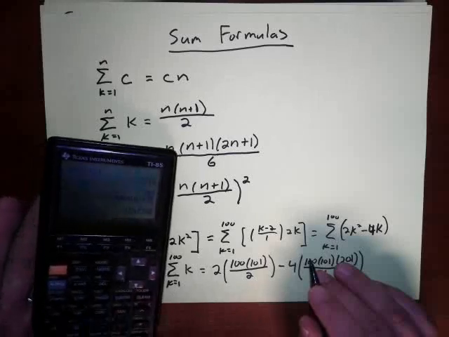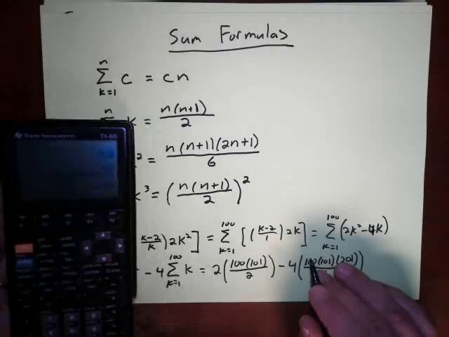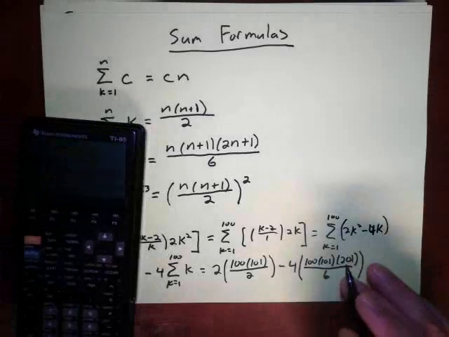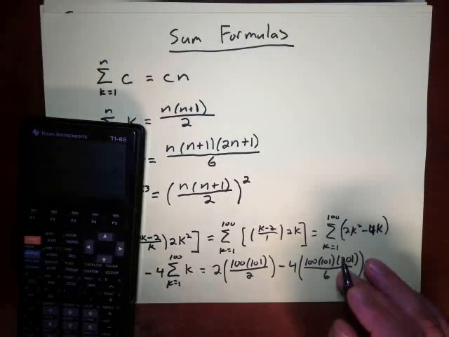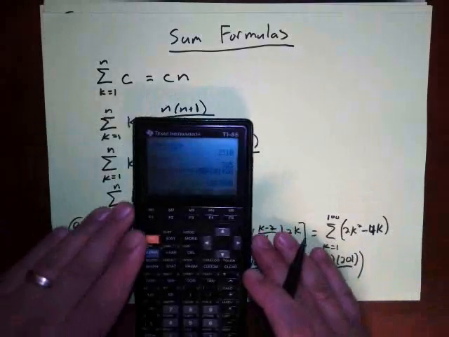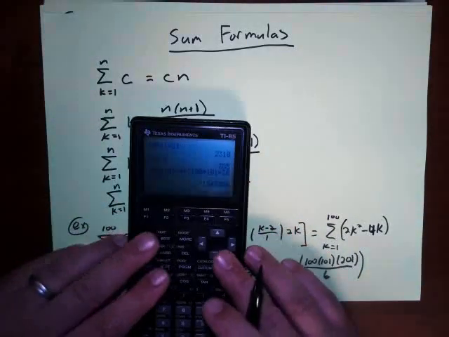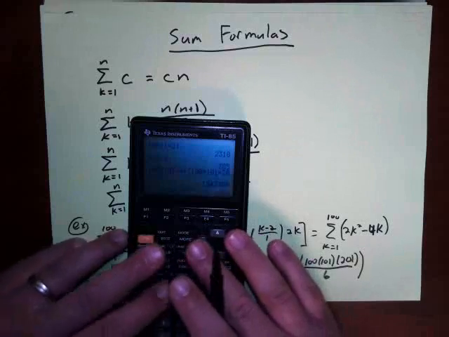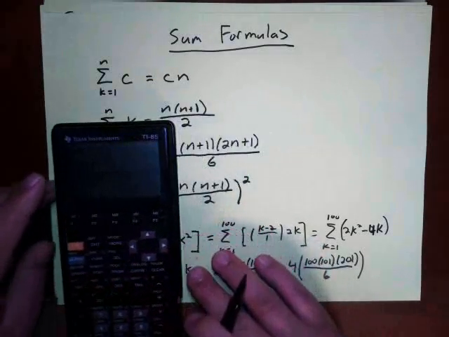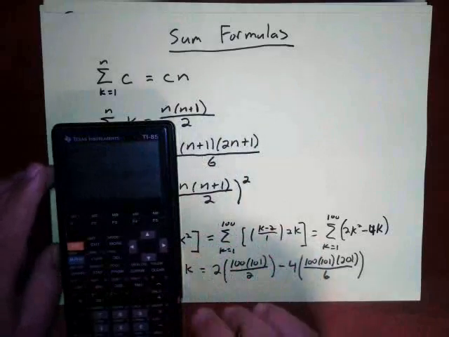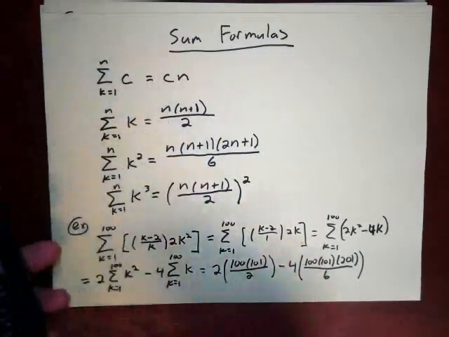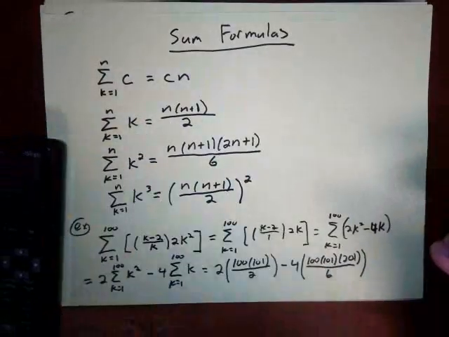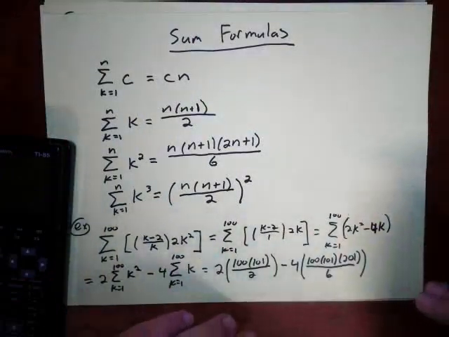Did I do something wrong? Oh, I see what I did. Those should all be multiplied by each other. Oh, I know what I did wrong. And I'm going to just let the video go because you can make mistakes.